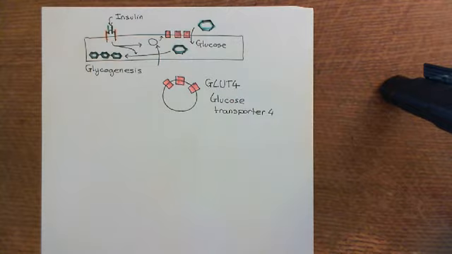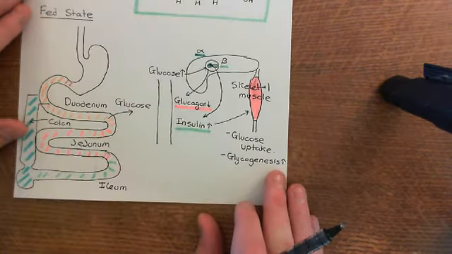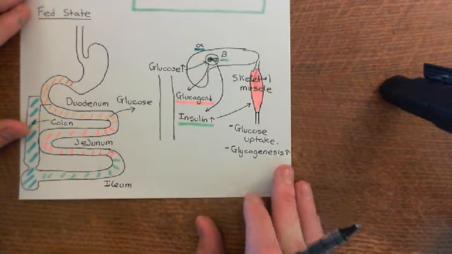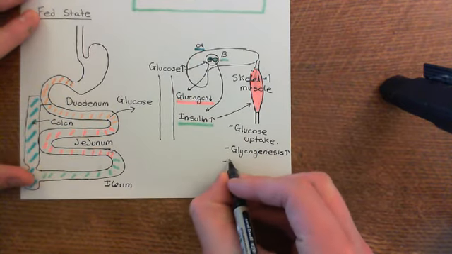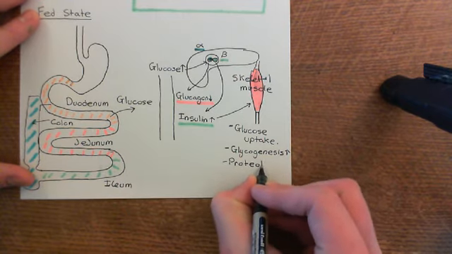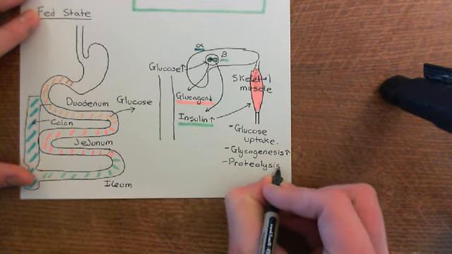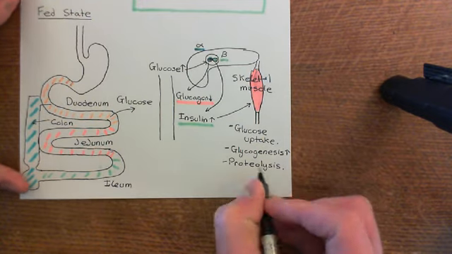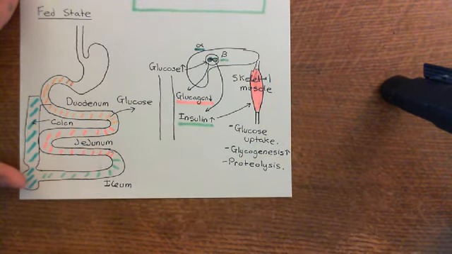Now the other thing I should say is that when insulin is high, you're going to have the inactivation of proteolysis. Remember, in the fasting state, because of the low insulin, you've got activation of proteolysis, to release amino acids into the blood, which could then be used by the liver in the gluconeogenesis pathways.